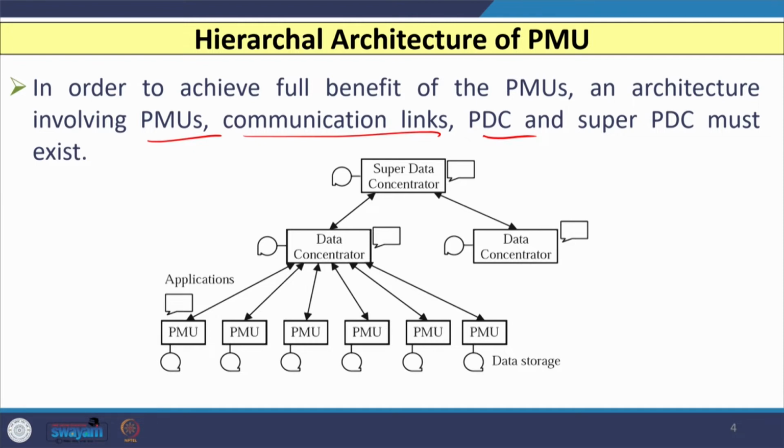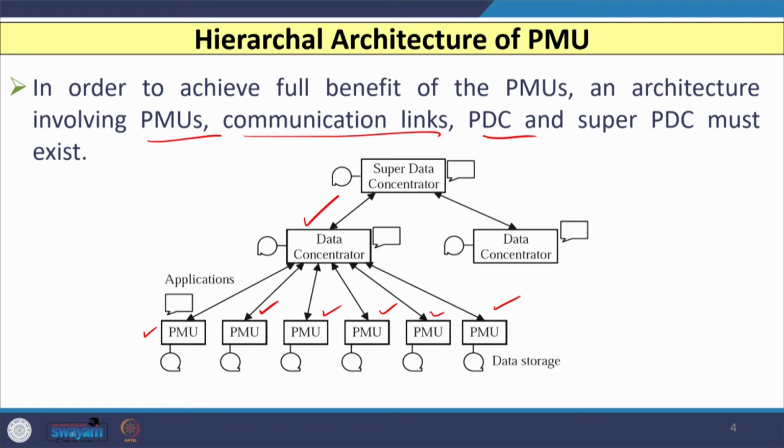You can see in the figure that we have several PMUs installed at several substations, and the output of these PMUs is transmitted to a data concentrator known as the phasor data concentrator. Maybe for every 15-20 PMUs we have one phasor data concentrator. So, we have several phasor data concentrators installed, and they can be region wise, state wise, or province wise.